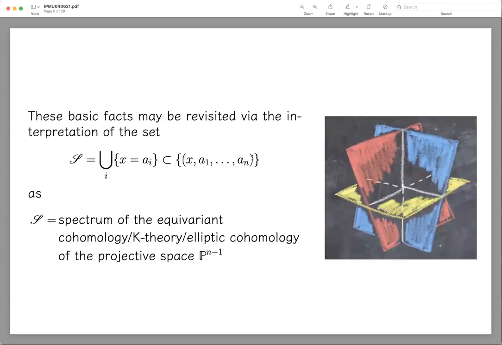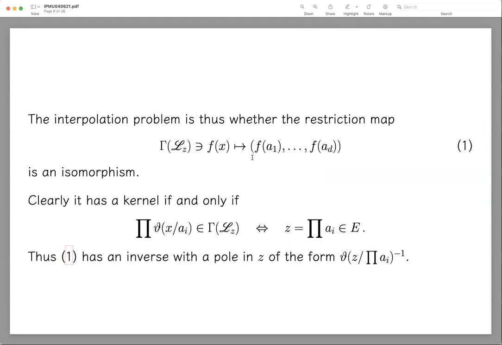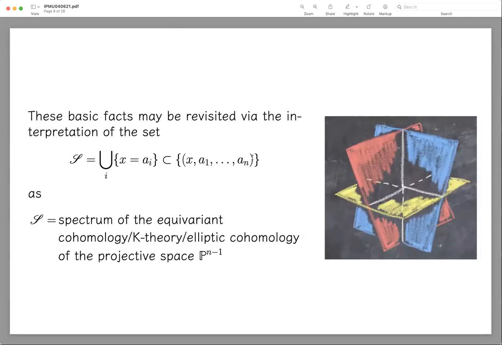And now we will revisit. I hope maybe I spent too much time on these basic things, but it's also good to put us on one page. Now the way we were going to think about these very basic facts is we will interpret that set from which we interpolate. The set is always the same.